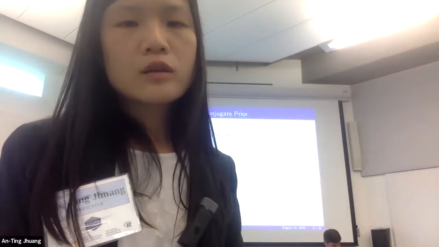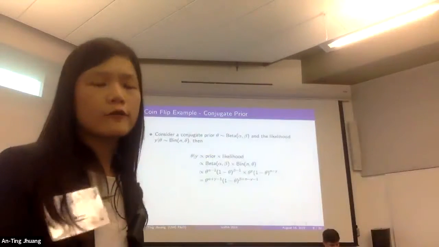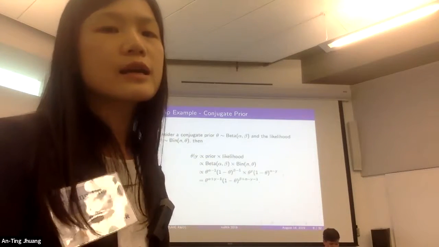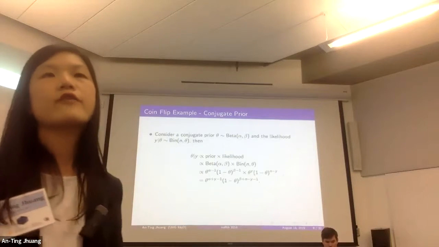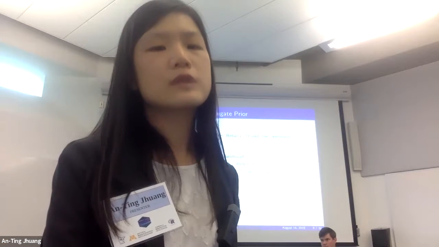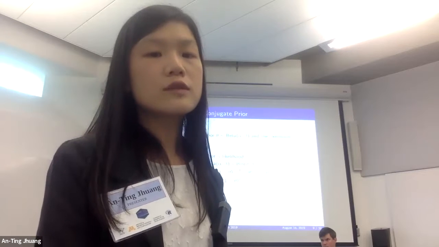All right. So here, just a simple proof. We consider a conjugate prior, theta is Beta(alpha, beta), a beta distribution with the two shape parameters alpha and beta. Given the previous rule that I introduced, you can write out the posterior distribution of theta.